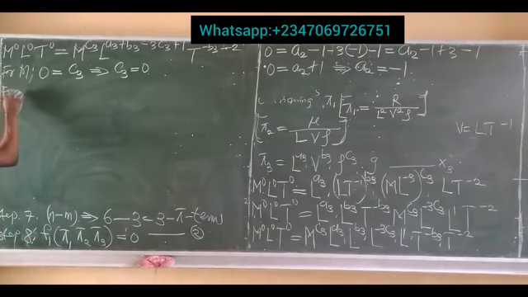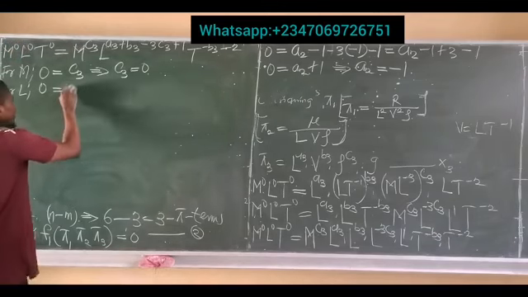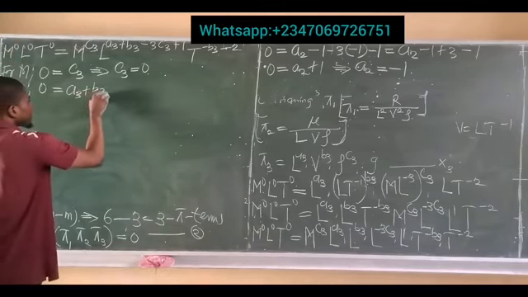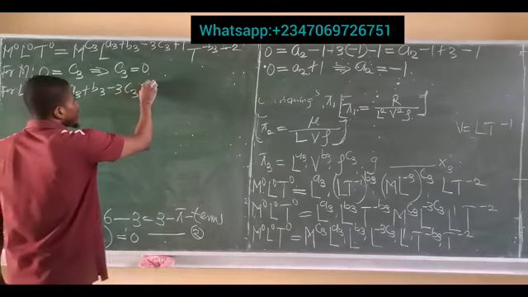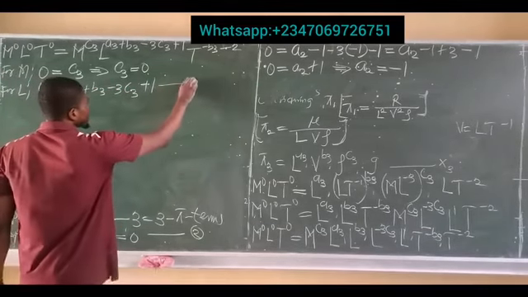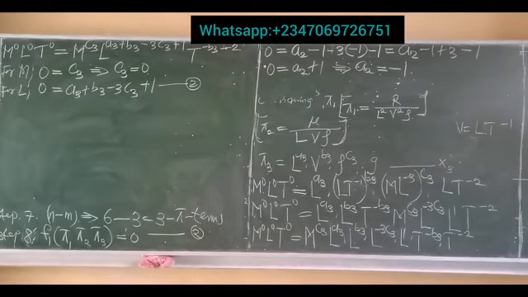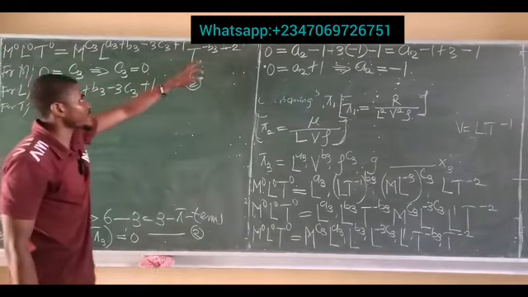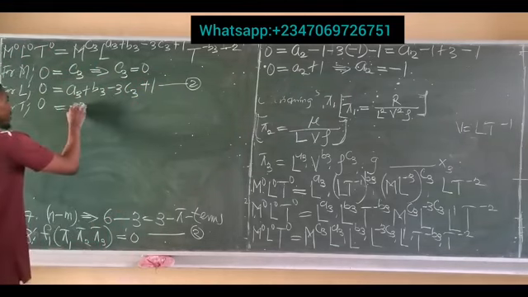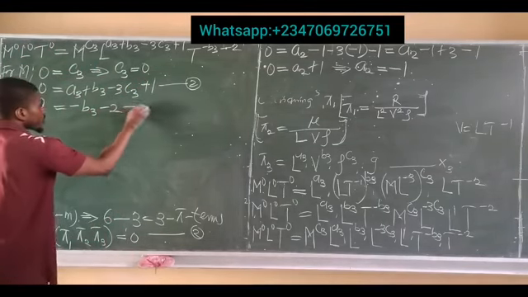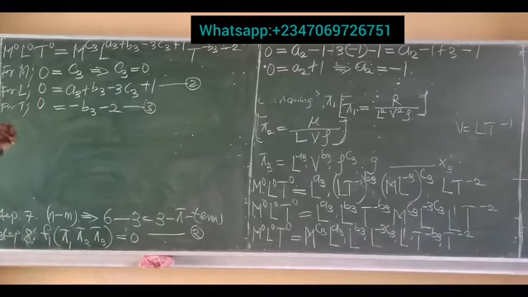For L, the power here is 0, and that's equal to A3 plus B3 minus 3C3 plus 1. Call this equation 2, because this was supposed to be 1. For T, the power here is 0, and this is equal to minus B3 minus 2. Call this equation 3. To make B3 the subject, simply send minus B3 over to this side of the equation. A negative sign crossing an equal sign becomes positive.